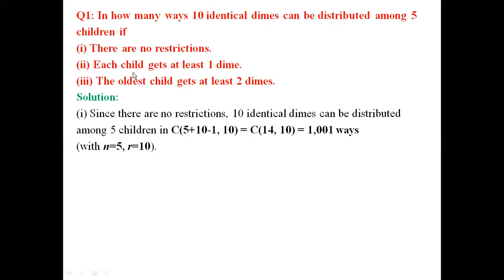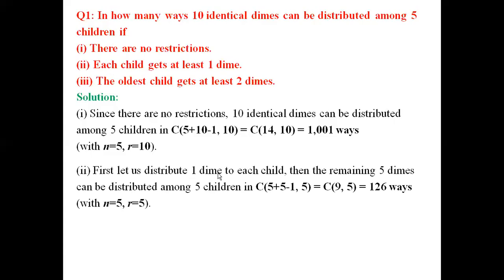Secondly, each child gets at least one dime. Since there are 5 children, first we distribute one dime to each child. There were 10 identical dimes in total, and since there are 5 children, each of them gets one dime. So 5 are used up, and we are left with 5 more dimes. The remaining 5 dimes can be distributed among the 5 children.